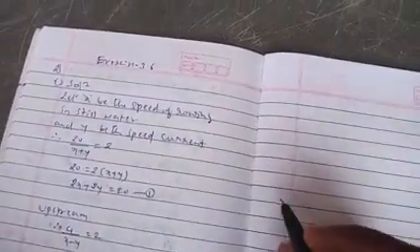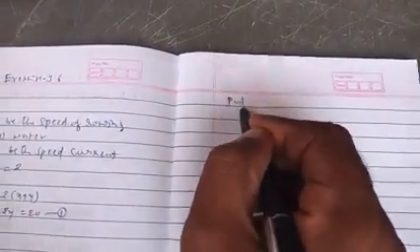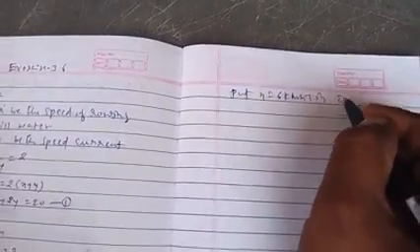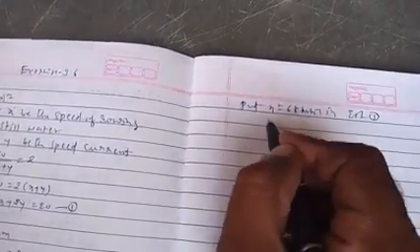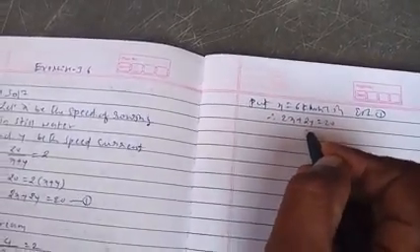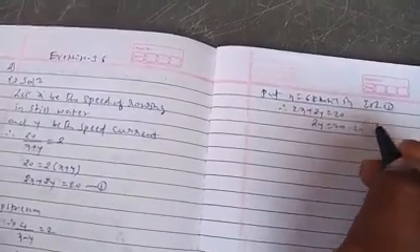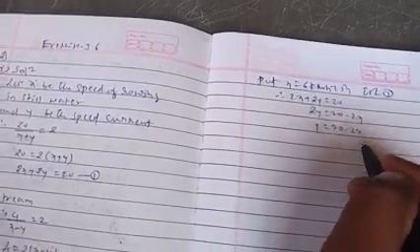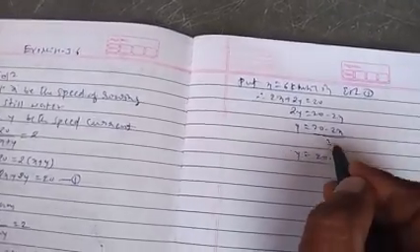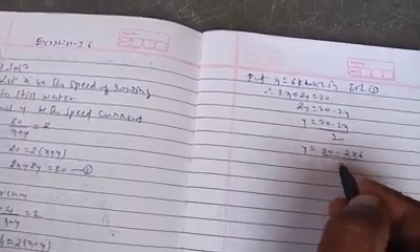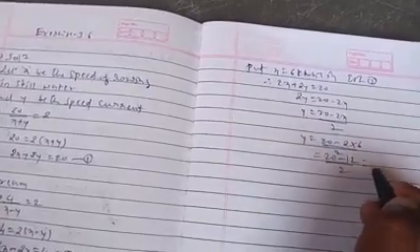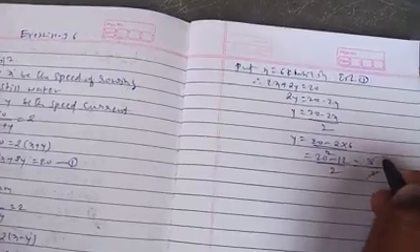Now put x equals 6 kilometers per hour in equation number 1. 2x plus 2y equals 20, so 2y equals 20 minus 2x, y equals (20 minus 2x) divided by 2. Therefore y equals (20 minus 2 into 6) divided by 2, which is 20 minus 12 divided by 2, equals 8 divided by 2, which is 4.